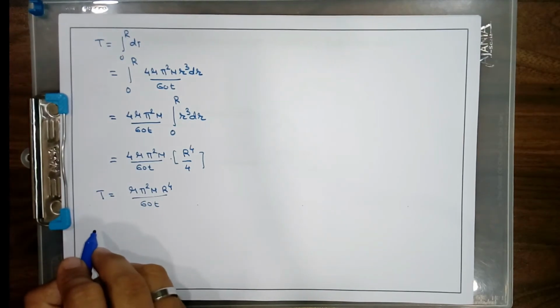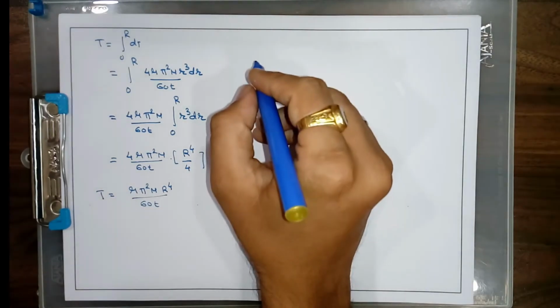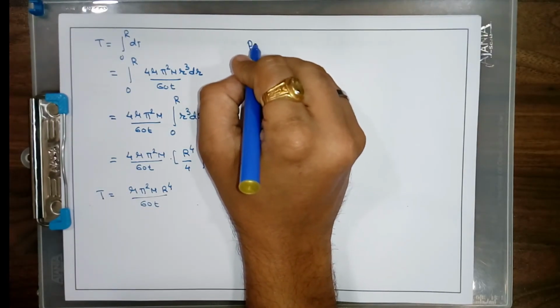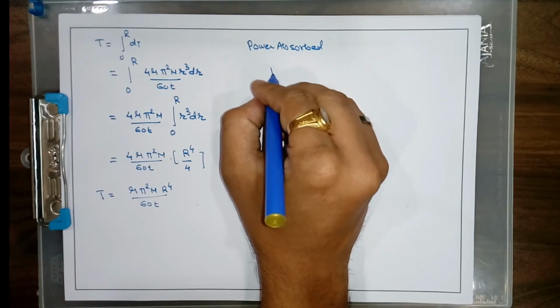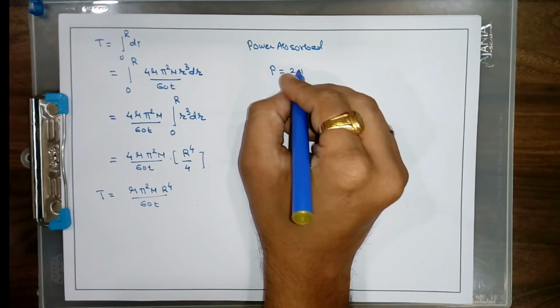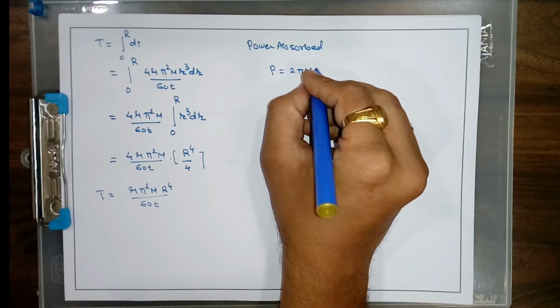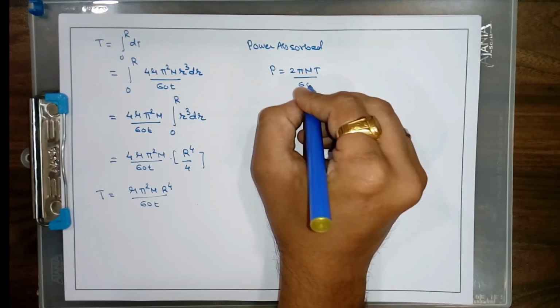And students, now we calculate the power absorbed. So power absorbed P equals 2 pi N T divided by 60.